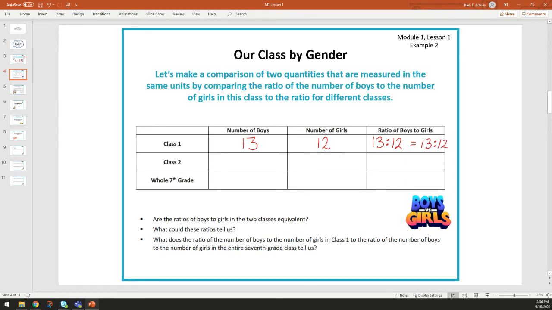Okay, so on my second class, it turns out I had 14 boys and 10 girls. So if I'm thinking about 14 boys and 10 girls, that original ratio looks like 14 to 10. And then I need to think about, can I reduce that ratio down any further?